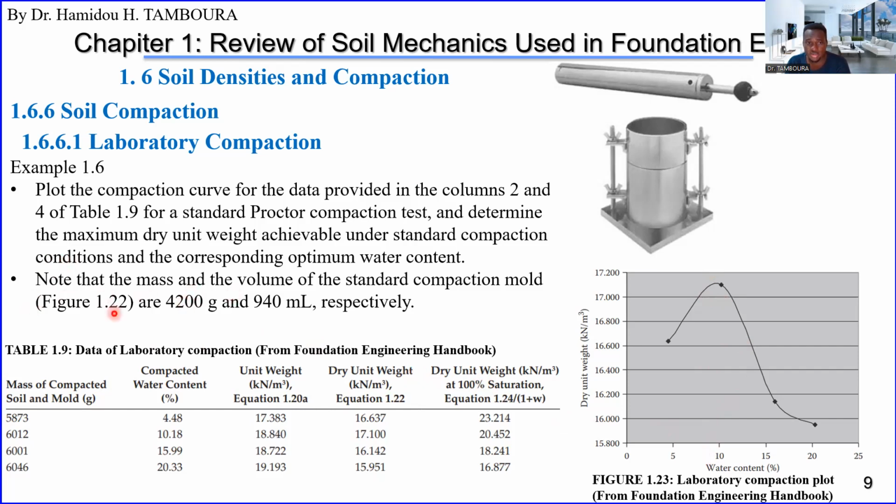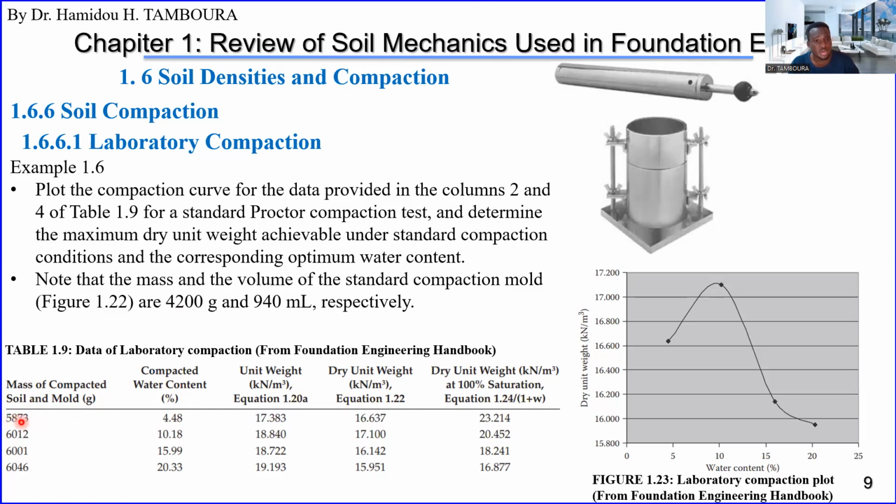Note that in this figure, the mold has a mass of 4,200 grams, and the volume is 940 milliliters. What we have here is the mass of the mold and the soil.